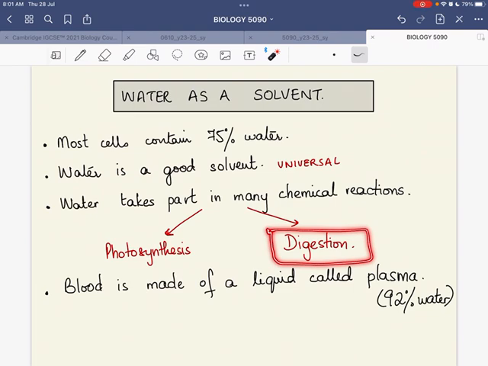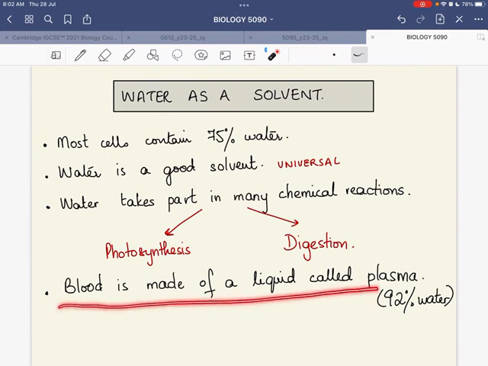Besides that, most of the digestive juices inside our body, the digestive liquids like the stomach acid or the intestinal juices, are nothing but water. Our tears are water. The liquid in our joints is water. Similarly, the blood, which is an essential part of our body, is also water.